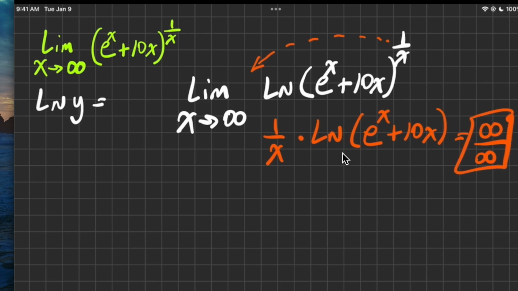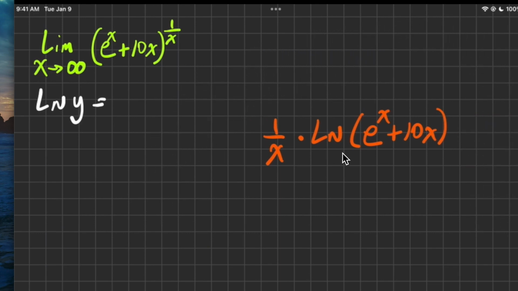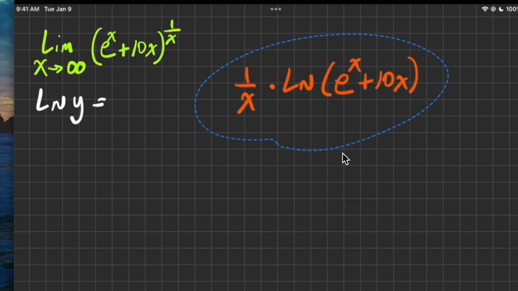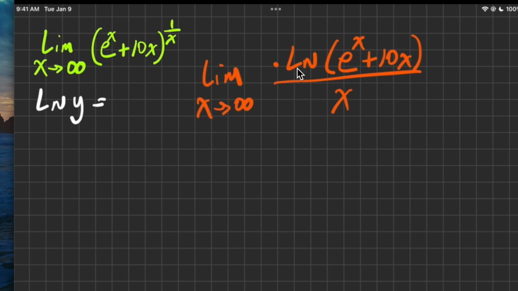So let's go ahead and take this limit using L'Hopital's, and we're going to take the derivative of the top and the bottom. Okay, the derivative of the top, we're going to put this in the denominator. So we're working in the numerator. I'm going to give myself plenty of room.